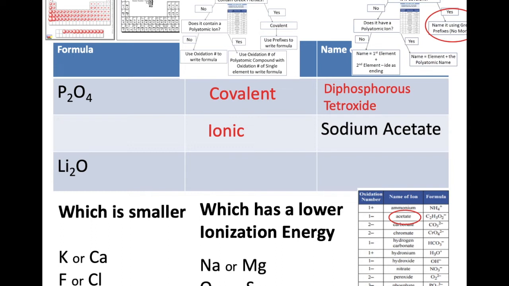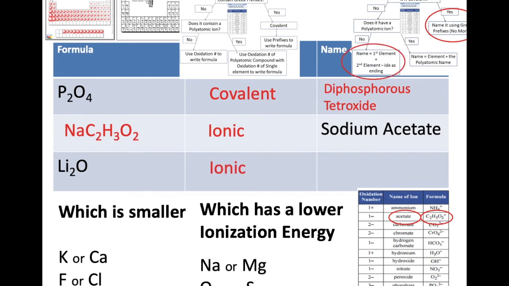There's acetate. And so I have the chemical formula there. It has a -1 charge, and sodium has a +1 charge. So all you have to do is put the element first, and then you write the formula for the polyatomic ion because they already balance each other out.